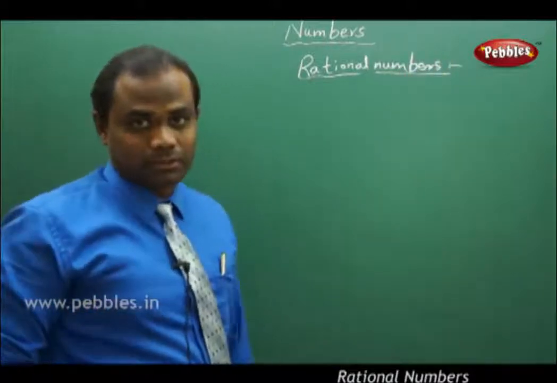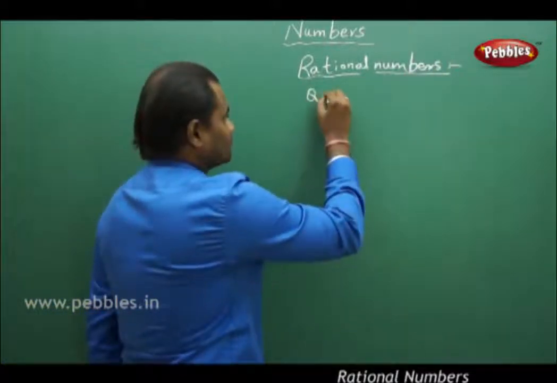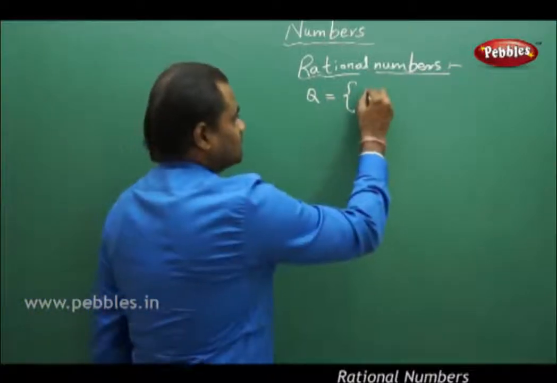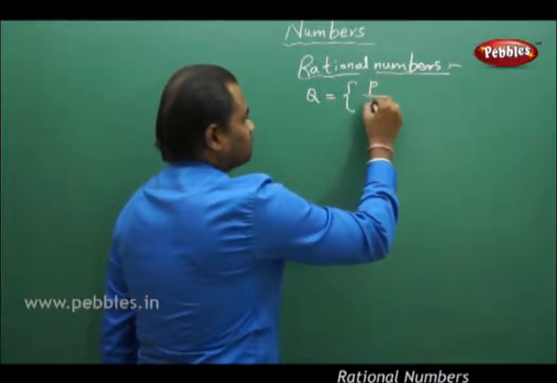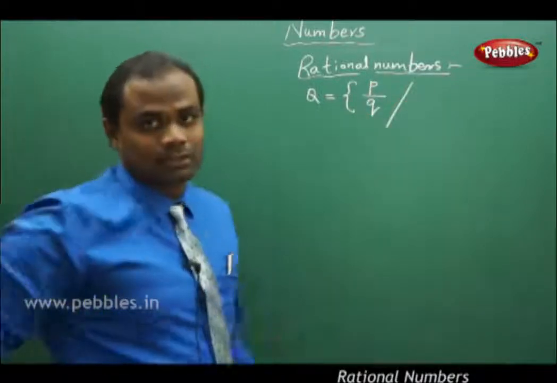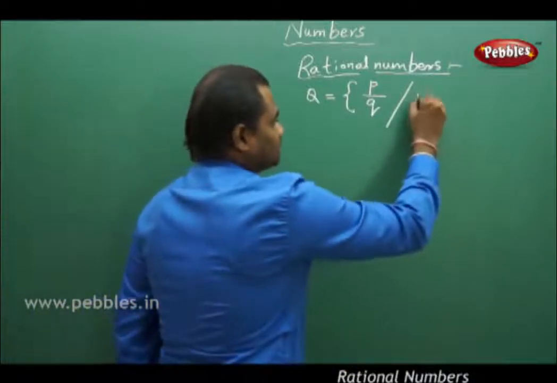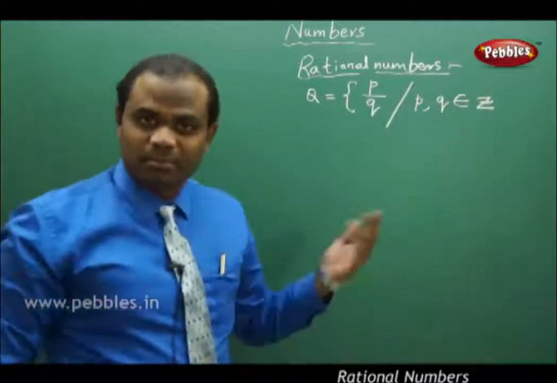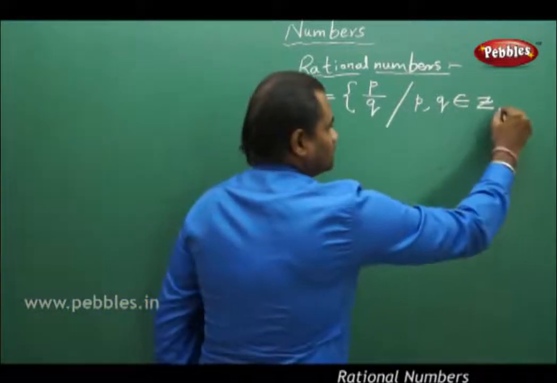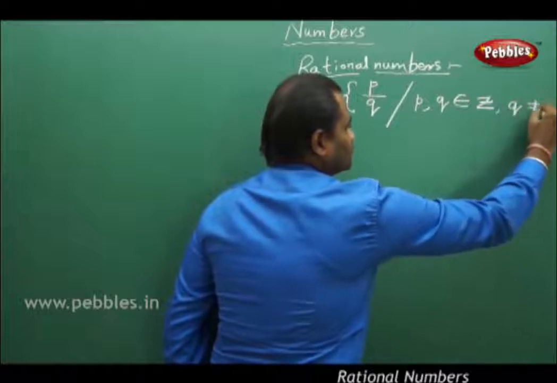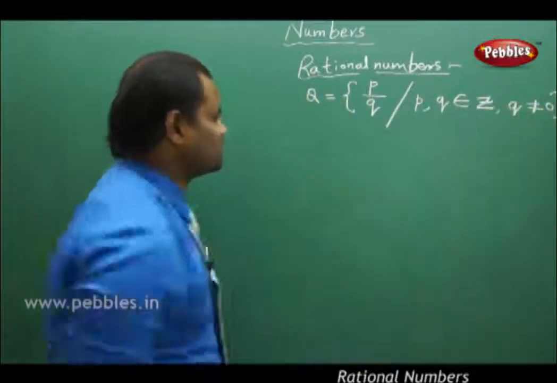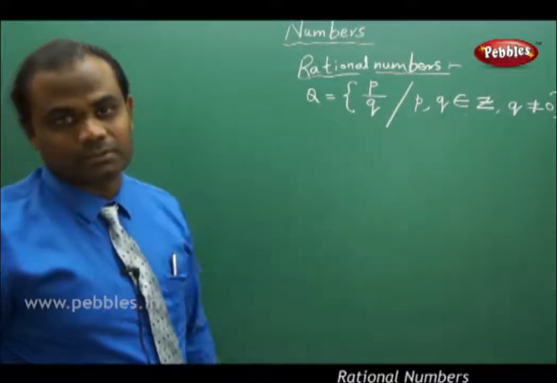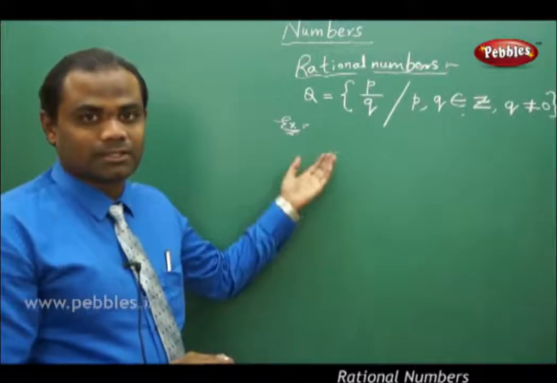Rational numbers are denoted with capital Q. We define rational numbers in set builder form as all the numbers which can be denoted in the form p by q, such that p and q must be integers, which we have already discussed in the previous session, and q should not be equal to 0. Under these two conditions, we define the numbers of the form p by q as rational numbers.